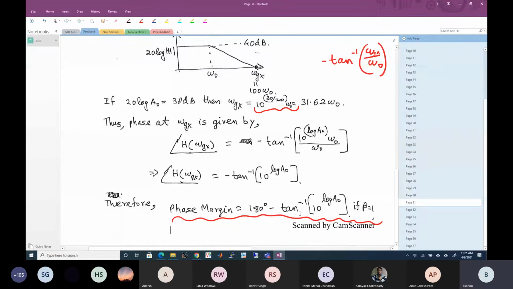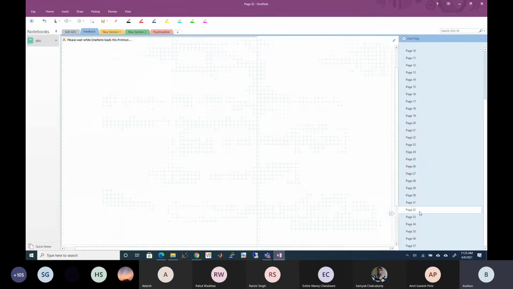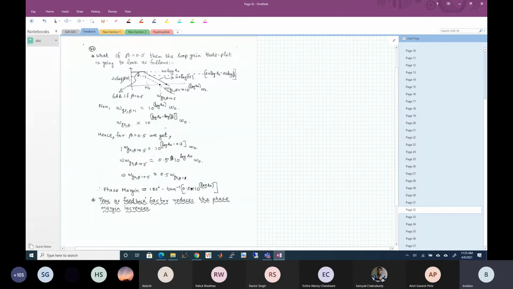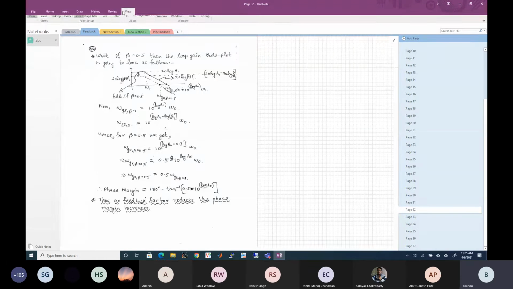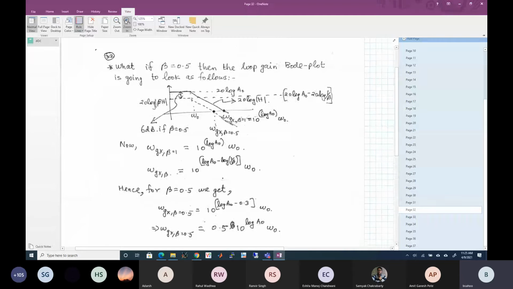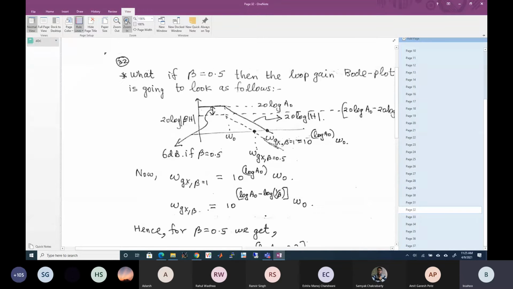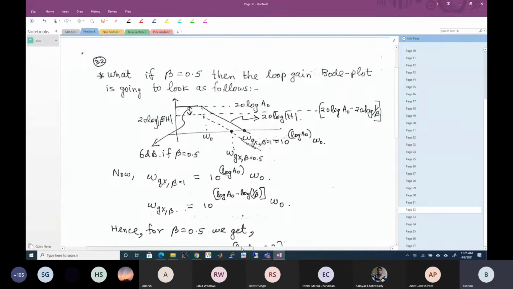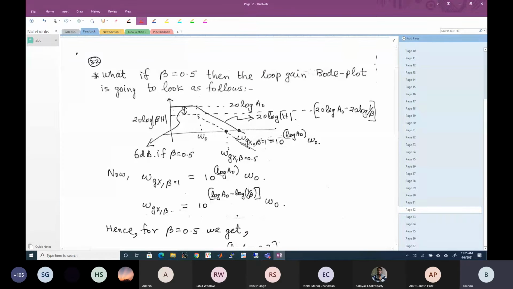Okay, I hope so. Now what if beta equal to 0.5? Then the loop gain Bode plot is going to look like this. It is going to drop down by 20 log of 1 by 0.5, which is going to be 6 dB if beta equal to 0.5.